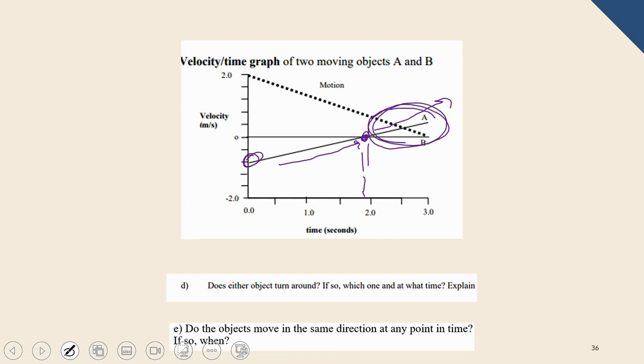So, although their slopes are in opposite directions, because line B has negative acceleration and line A has positive acceleration, both objects are still moving in the same direction at that point in time. So from t equals 2 seconds to t equals 3 seconds, the objects do move in the same direction. The only catch is one object is slowing down while the other object is speeding up.